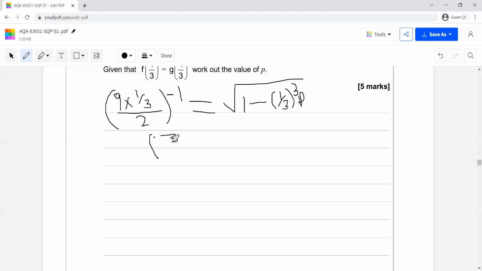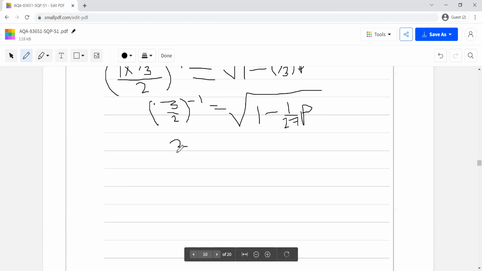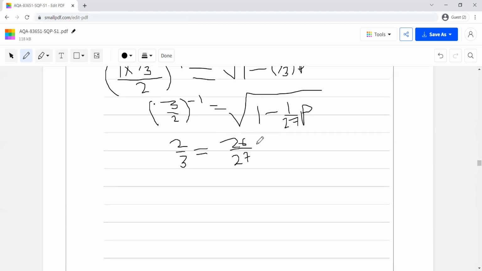So 3 over 2 to the power of minus 1 is equal to the square root of 1 minus 1 over 27 p. So this means that 2/3 is equal to the square root of 26 over 27 p.